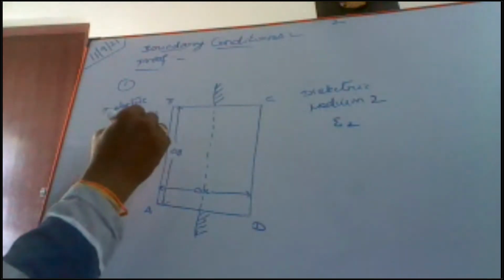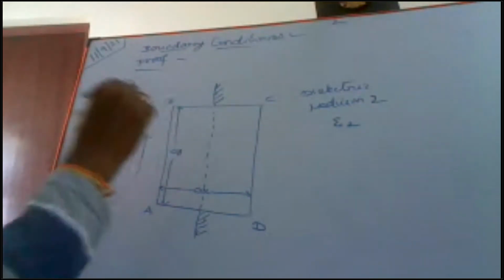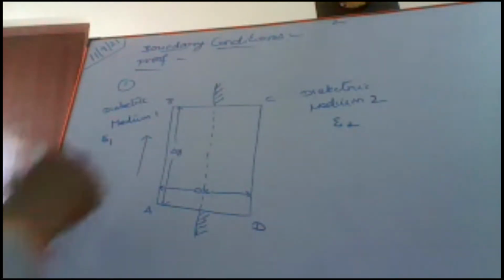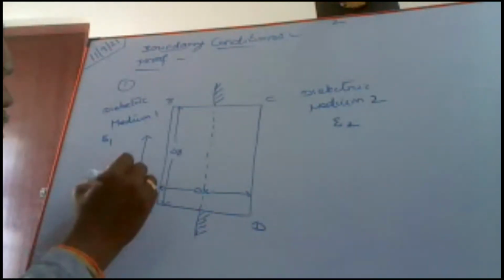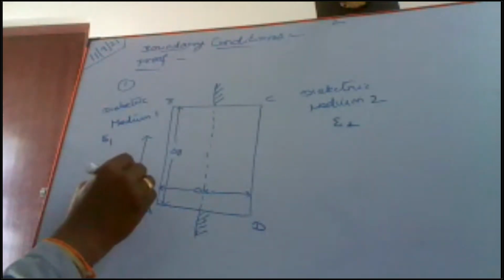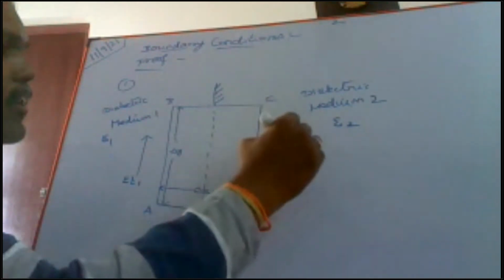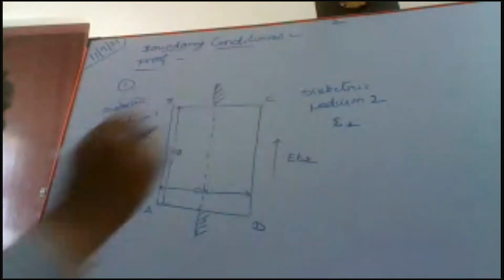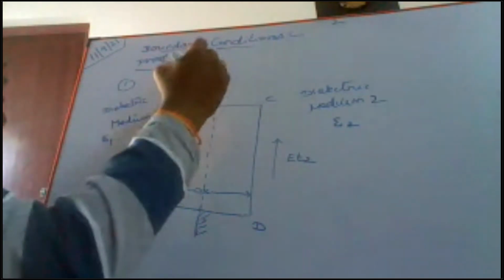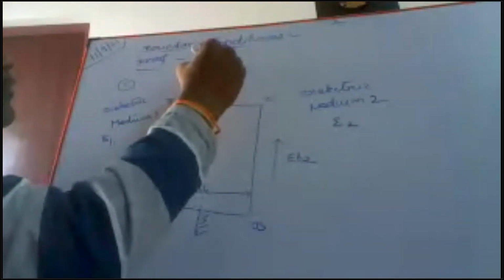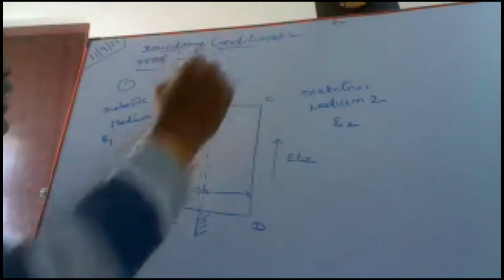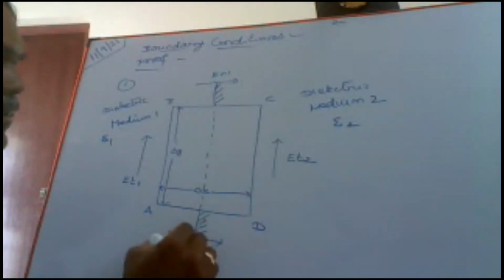Here I am going to assume ET1 to be the tangential component, and here ET2 to be the tangential component. And here I am going to assume EN1, the normal component, and here EN2.